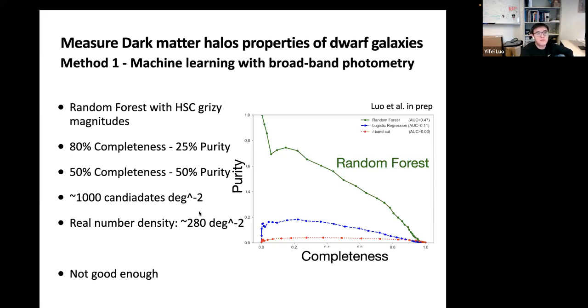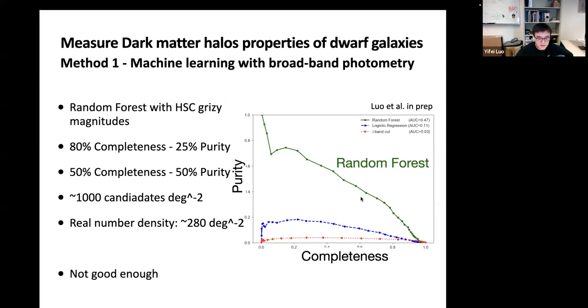For example, there's an existing survey, the SAGA survey, that is doing something similar. They use some kind of machine learning technique and do the follow-up with a spec-z survey.